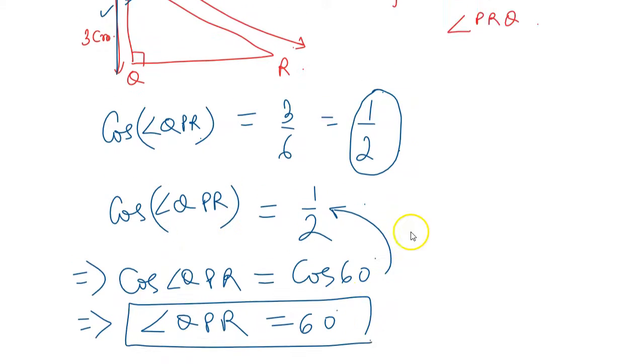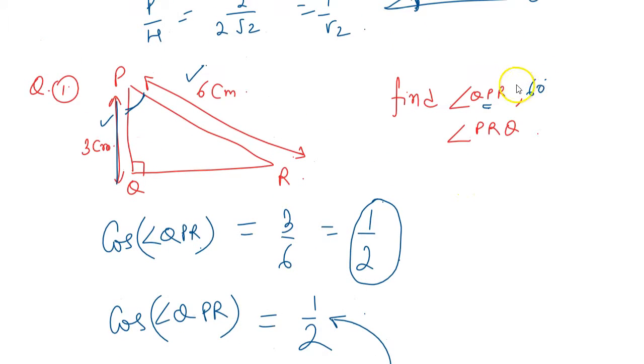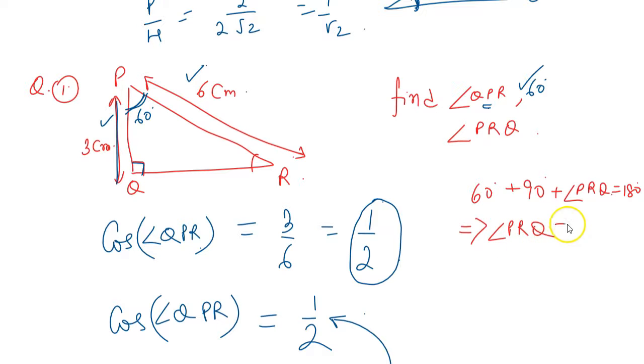Once I have found QPR as 60, we know by angle sum property, the total angle should come out to be 180. So, 60 plus 90 plus angle PRQ. From here we can solve and get angle PRQ as 30 degree.